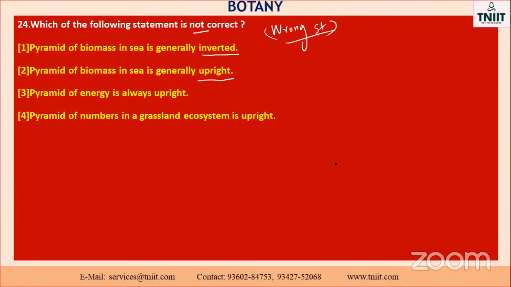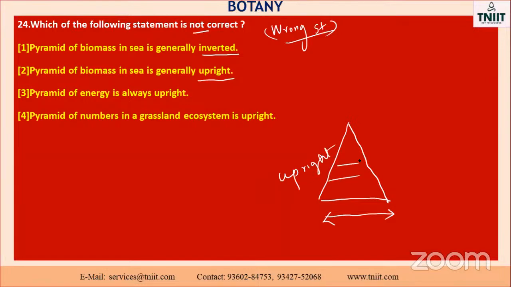Upright means, as already on our board, the pyramid structure will be in this direction. Upright means the lower part will be broad. The size of the pyramid will be broad, the width is also very large, and gradually it decreases. Okay, this is called upright.